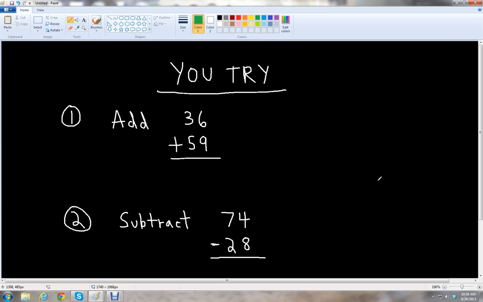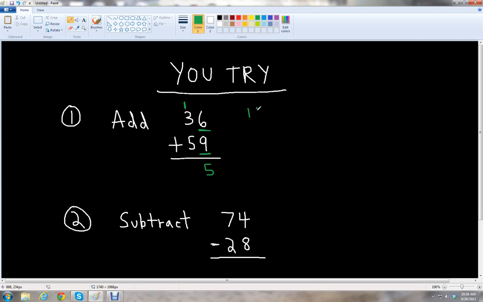Okay, so let's go over the first problem. We have to add 36 plus 59. So what we're going to do first is add the ones digits together. So we have 6 and 9. 6 plus 9 is 15. And so with 15, we write the ones digit down, that's 5, and we carry the 1 to the tens digit, and then we add the tens digits together.